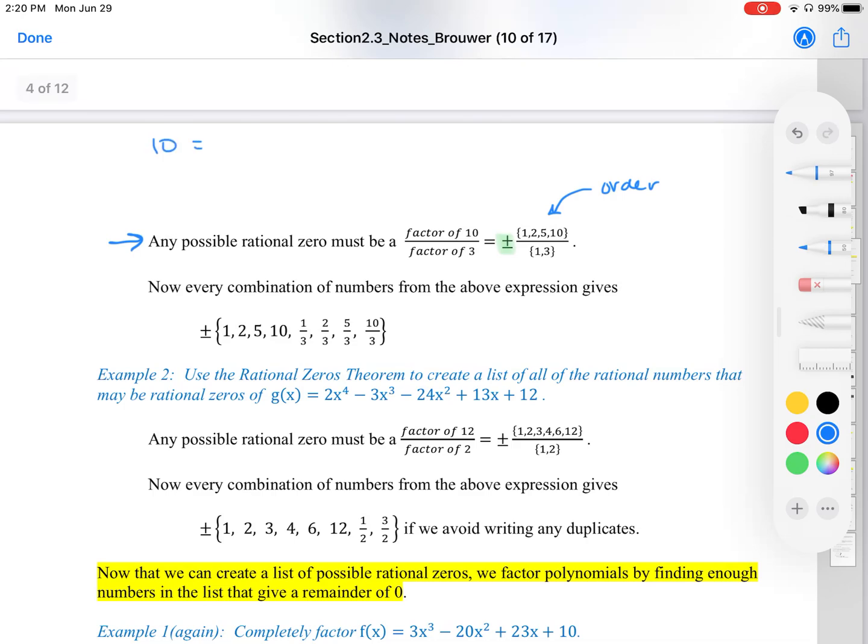I can get positive 10 from 10 times 1, but negative 10 and negative 1 also give you positive 10. So when I'm considering all of my factors, I have to be careful to also include the ones that have a negative. So that's where that plus and minus comes from.